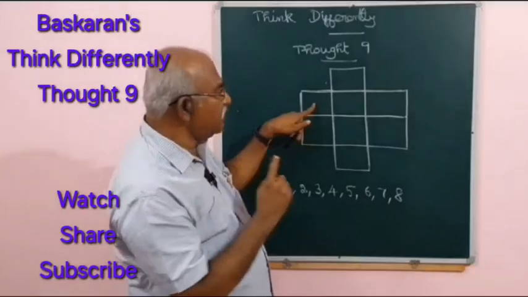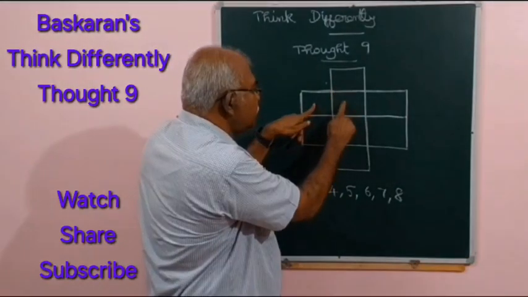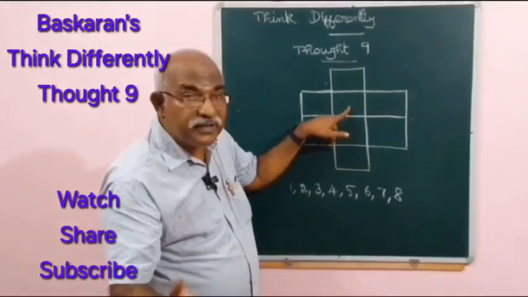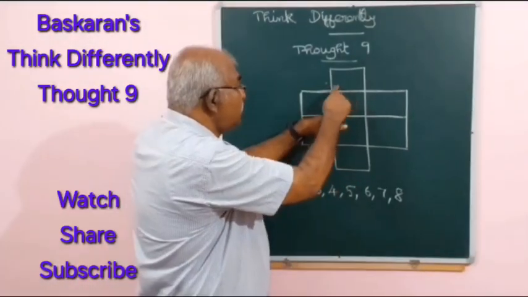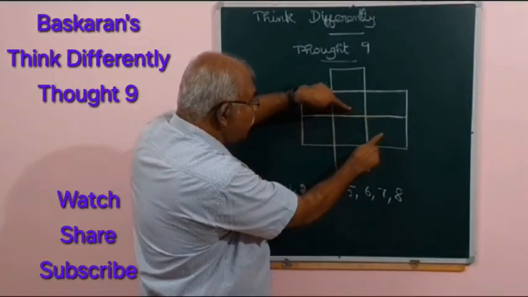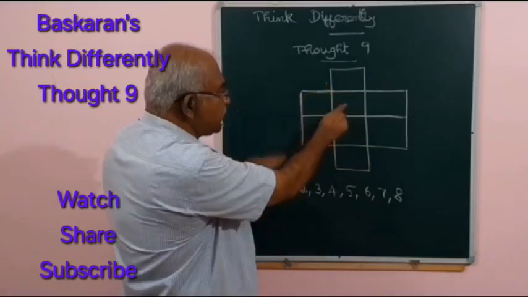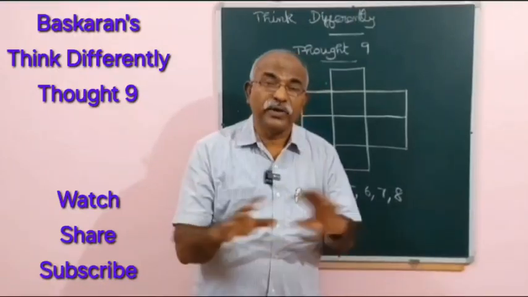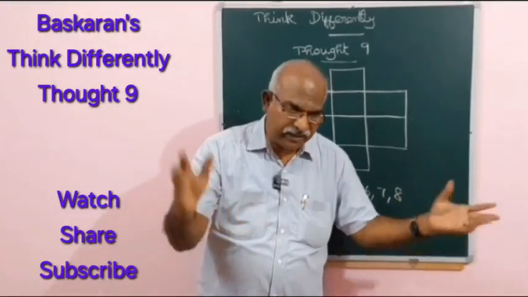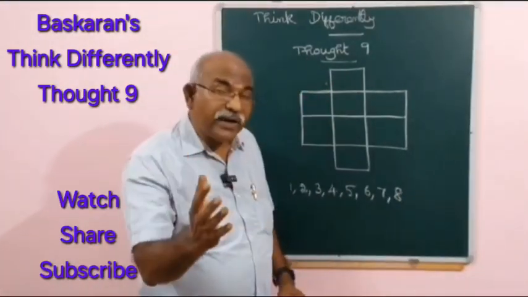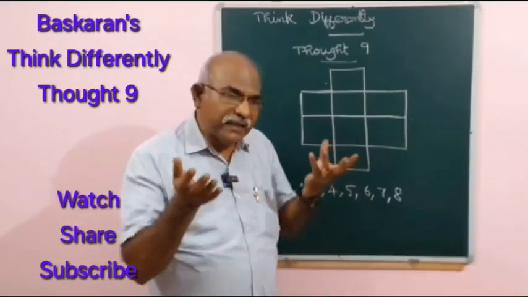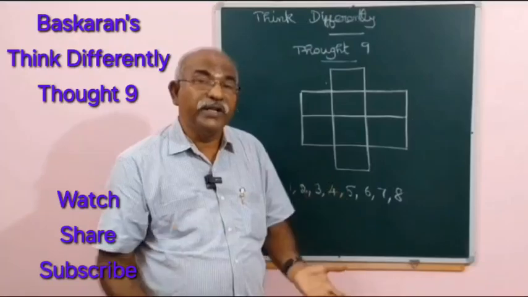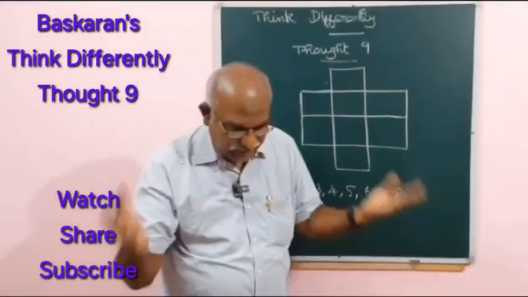And for this one, you have 1, 2, 3, 4 neighbouring squares. And what about the middle square? 1, 2, 3, 4, 5, 6. It has 6 neighbouring squares. So definitely, all the squares are not equally problematic. The squares which have fewer neighbours will be less problematic and those with more neighbours will be more problematic.